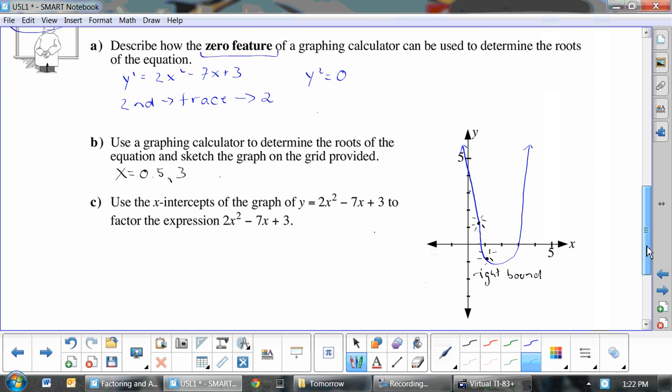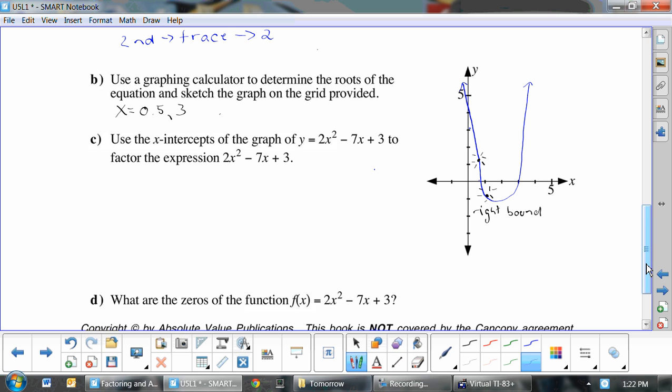Okay, so we know that the x-intercepts are 0.5 and 3 now. And so we can actually use this to help find what our factors are. So we go x is equal to 0.5 and x is equal to 3.